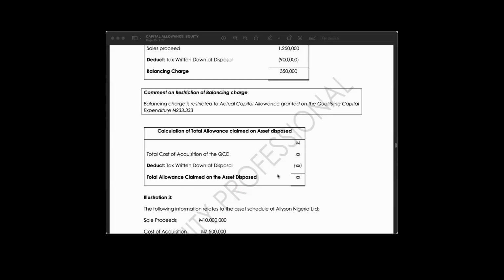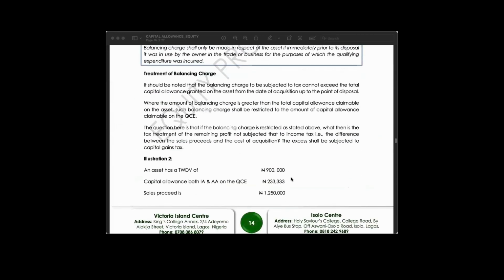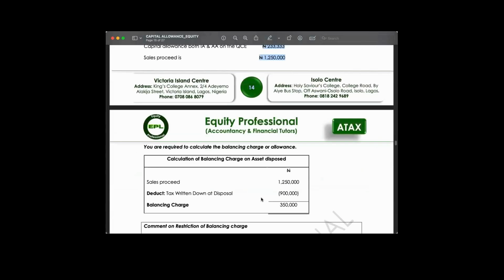So let's look at illustration 2. We said an asset has a tax down value of 900K, and capital allowance both on initial allowance and annual allowance on the qualifying capital expenditure is this. Sales proceed is this. You are required to calculate balancing charge or balancing allowance. Your sales proceed is 1.250, right?